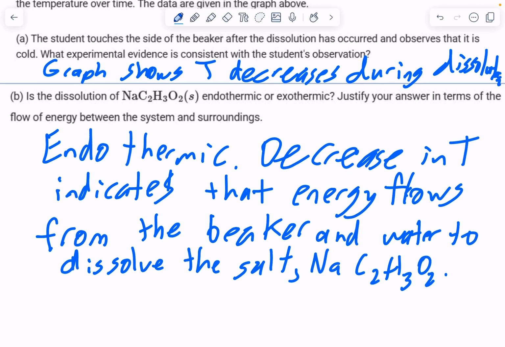Because that energy is flowing from the water to the salt, that's an endothermic process.